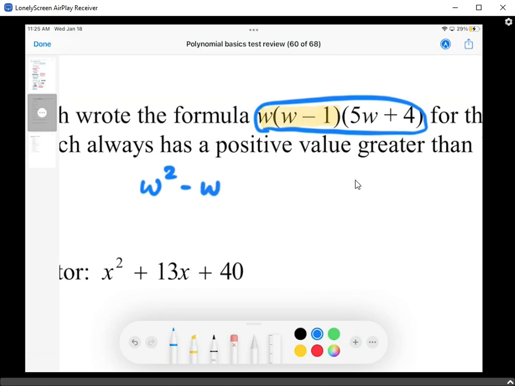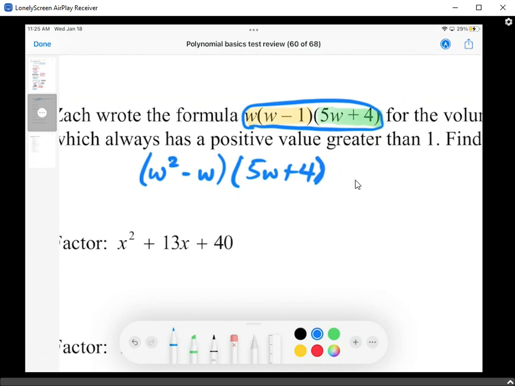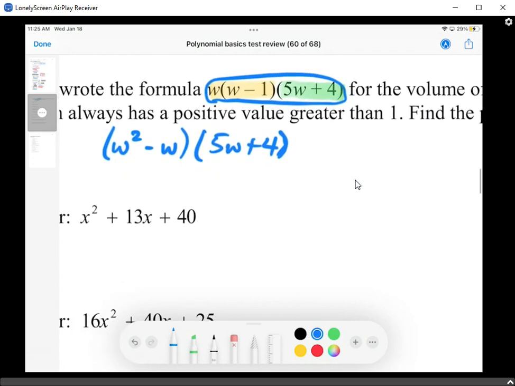Easy peasy. But now we have that thing that is highlighted, and it still needs to be multiplied again times what's highlighted in green, times 5W plus 4. Okay? So if we multiply that now, we can use FOIL, we can use a box.